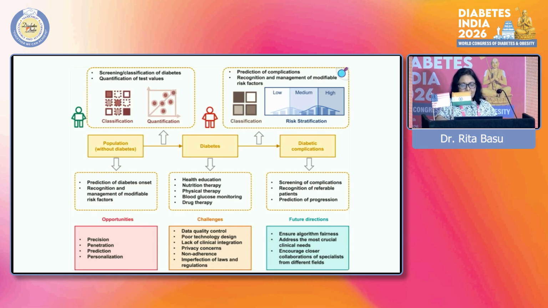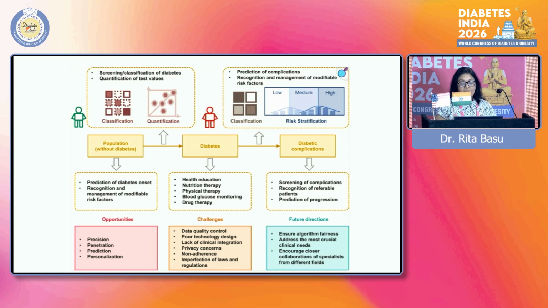Now, for us, there are three populations we talk about. The population without diabetes, but maybe at risk for diabetes. There are the folks that have diabetes, and then there are those that develop complications. So the goal of AI would be to screen the population at risk for diabetes, mainly the pre-diabetics, those who are overweight and maybe have other comorbidities, fatty liver, for example.